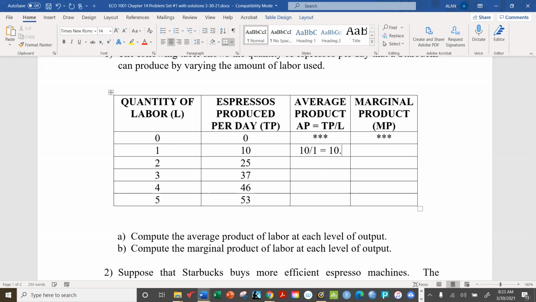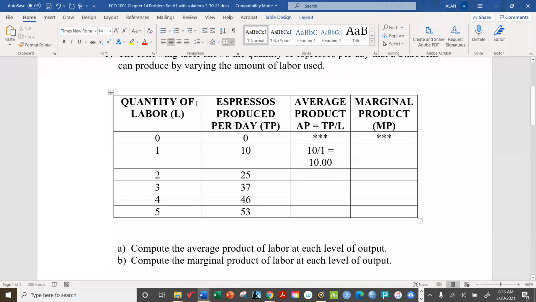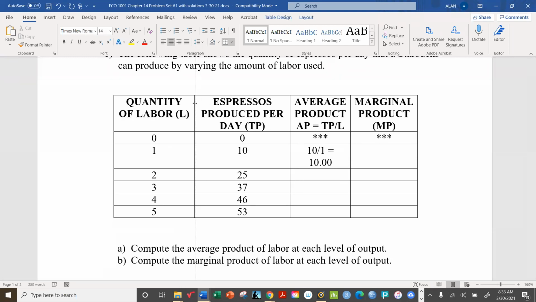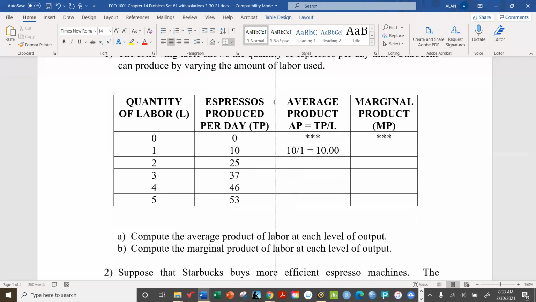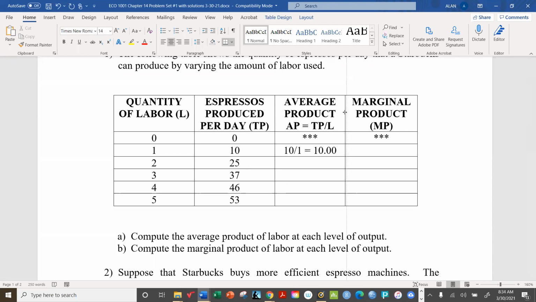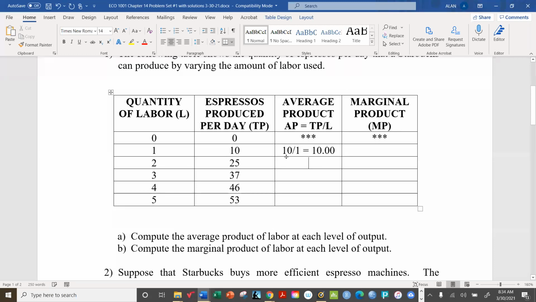So that's just 10. So then the next one is 25 over 2, which is just 12.5. The third one is 37 over 3, which is 12.33.